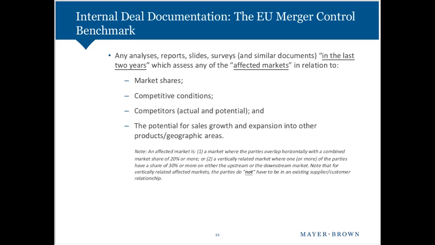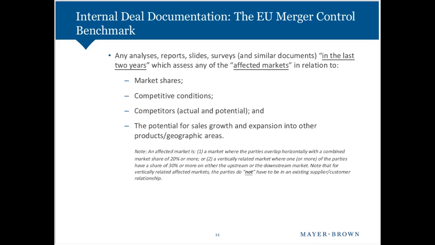And what they're trying to do here is to pick up documentation that has been prepared at a time where the parties weren't in a merger process and where potentially people were not being very, very careful about what they were saying. Again, we come back into a similar list of market-type issues. The technical word here is affected markets.